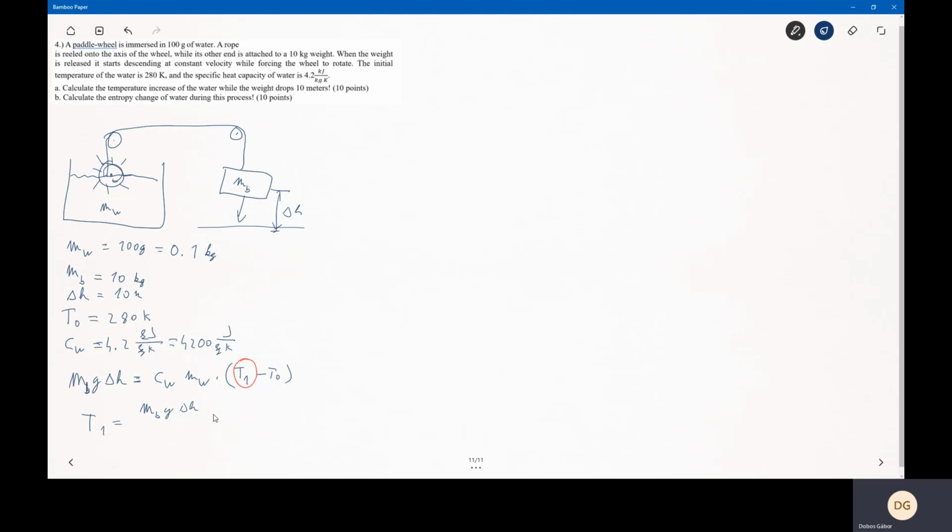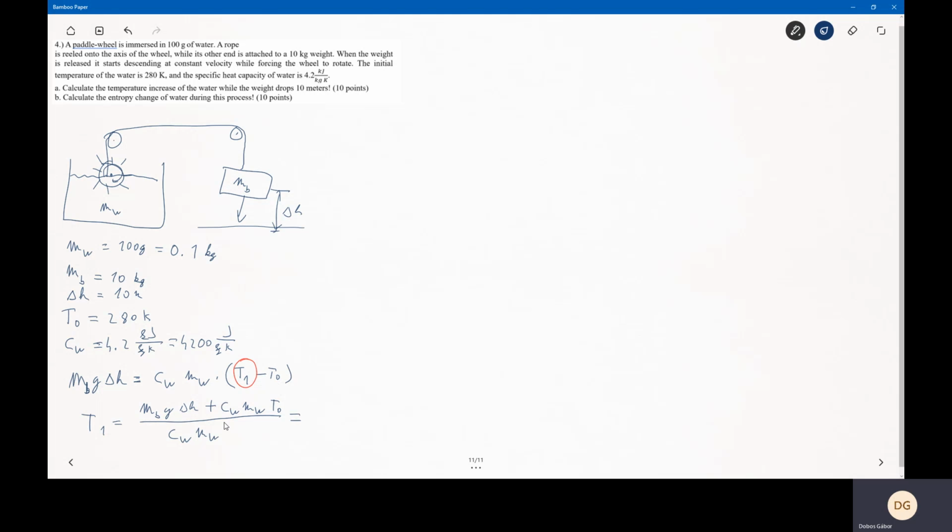When I bring this over to the other side, it will have a plus sign. So CW times MW times T0, and I have to divide everything by the constant multiplier of T1. This is the CW MW. Okay, and that's going to be the final temperature.